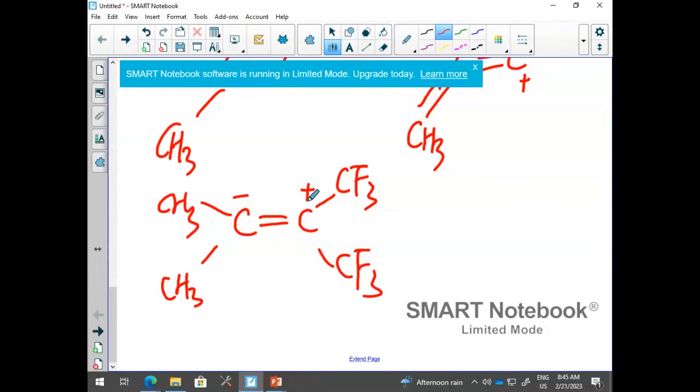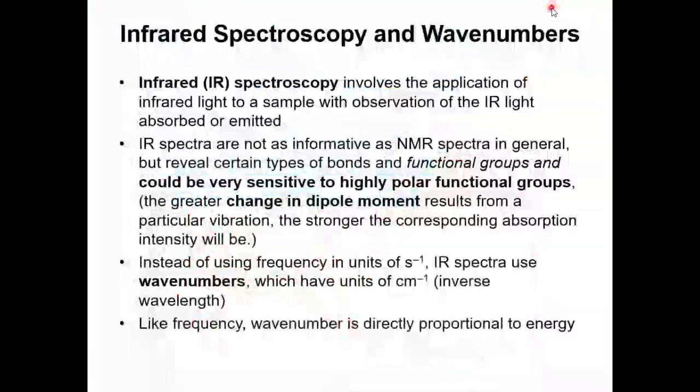That's the one difference between infrared and proton NMR. In proton NMR, the number of protons is directly proportional to the peak area. But in infrared, you really have to pay attention to the dipole moment of the functional group you're looking at.